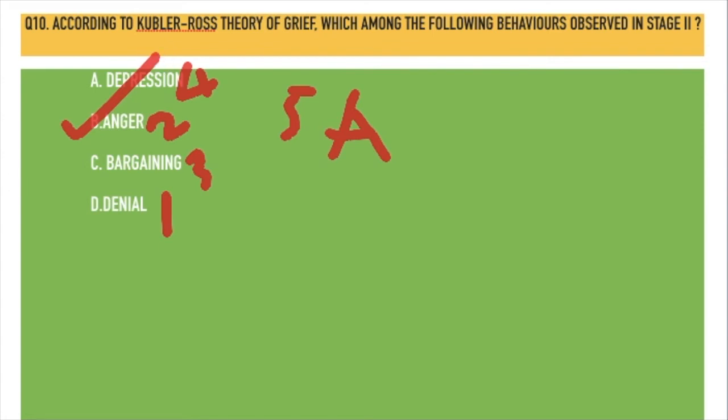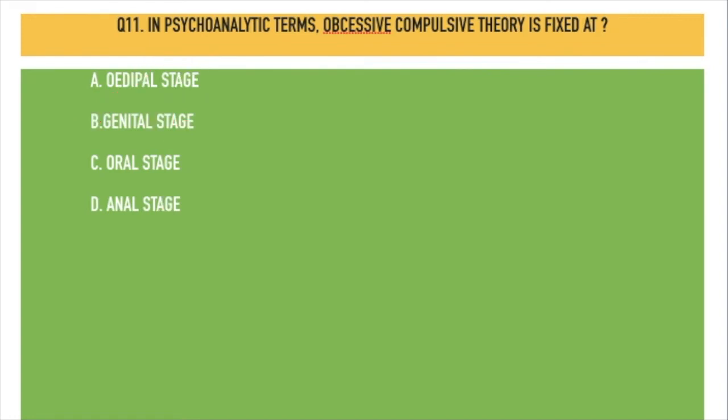Next question. In psychoanalytic terms, obsessive compulsive disorder is fixed at which stage? According to Freud, there are different stages of development: oral, anal, genital, oedipal. If they are not developed properly, the patient may get psychological or psychiatric disorders due to that.